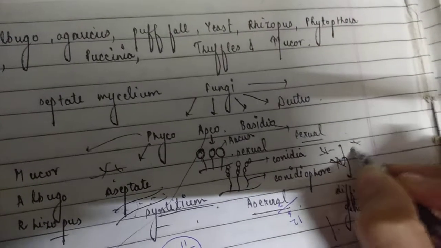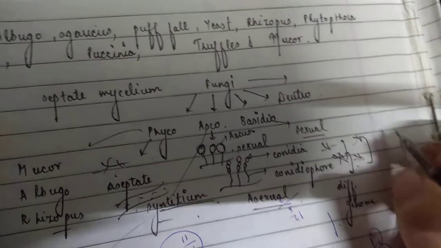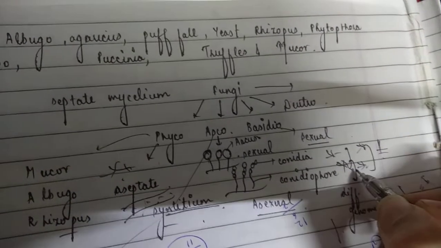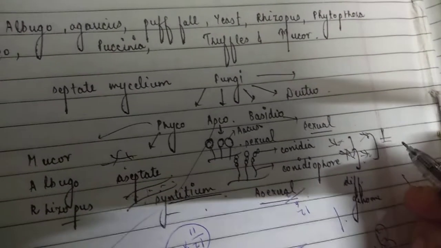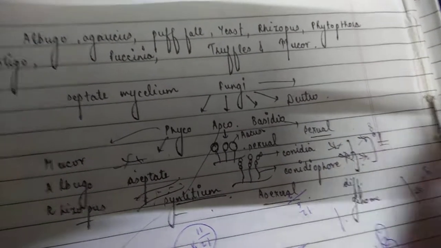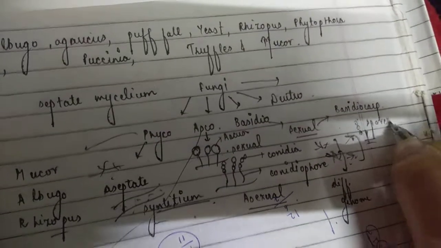The hyphae divide to form the mycelium, and these mycelia combine to form the fruiting body that develops the spores, and in between no asexual stage is present. The fruiting body is called the basidiocarp, and the basidiospores are the spores produced by them.